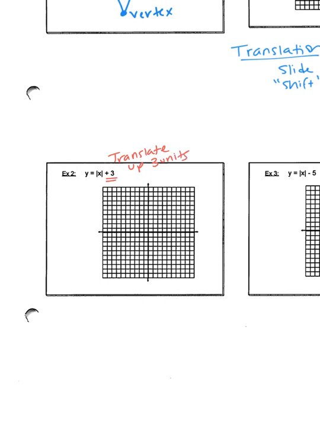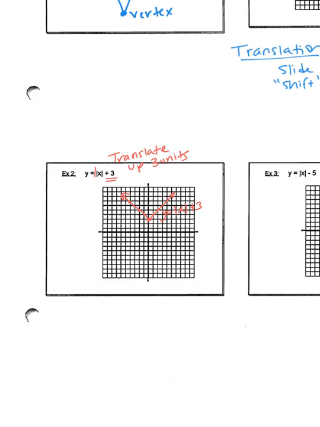So instead of starting at the origin, you're going to count up 3 from the origin: 1, 2, 3. That will be your vertex. And since the slope is still 1, your slope in both directions will be up 1 over 1, up 1 over 1, in both directions, because it's absolute value. And connect and label y equals absolute value of x plus 3.